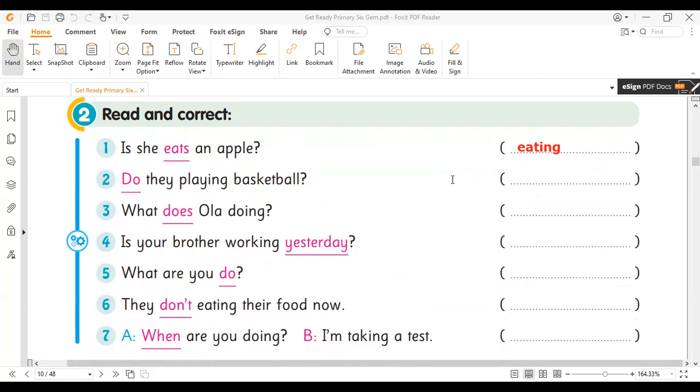Excellent. Asya, number 2. Do they playing basketball? Are they playing basketball? Yeah, are, not do. Rahf, number 3.